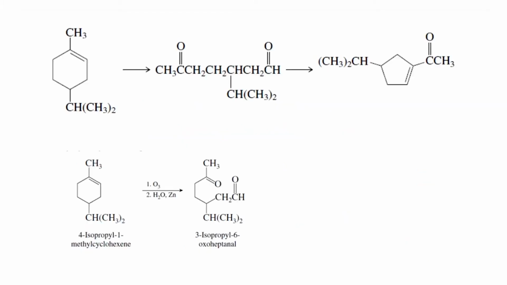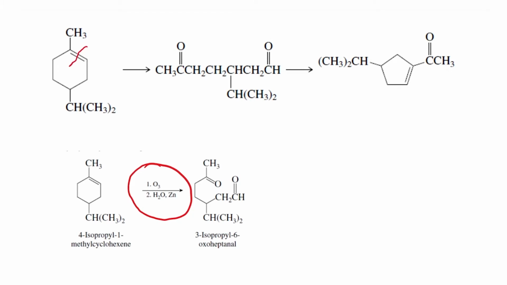So here, you have a cyclohexyl ring compound, and this ring is actually opened up, as you can see here. Like we discussed earlier, one of the reactions that you have studied in the past is ozonolysis. You can use ozonolysis to break this carbon-carbon double bond, and that gives you a dicarbonyl compound as shown here.